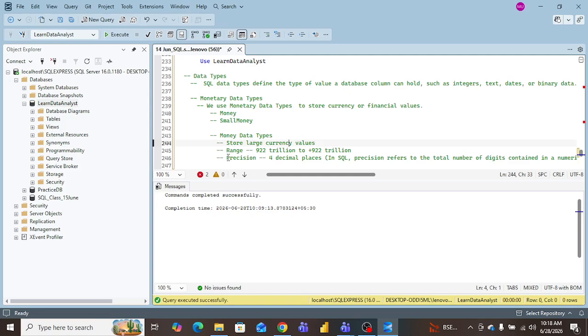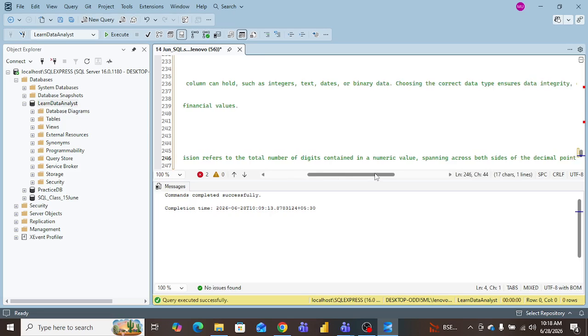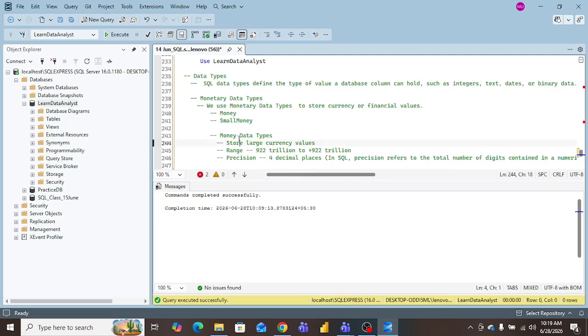After looking at this, we will get four decimal places. What are they telling here? What is the digit content in the numerical value? How are the decimal digits looking in this numerical value? So this is the precision, right?